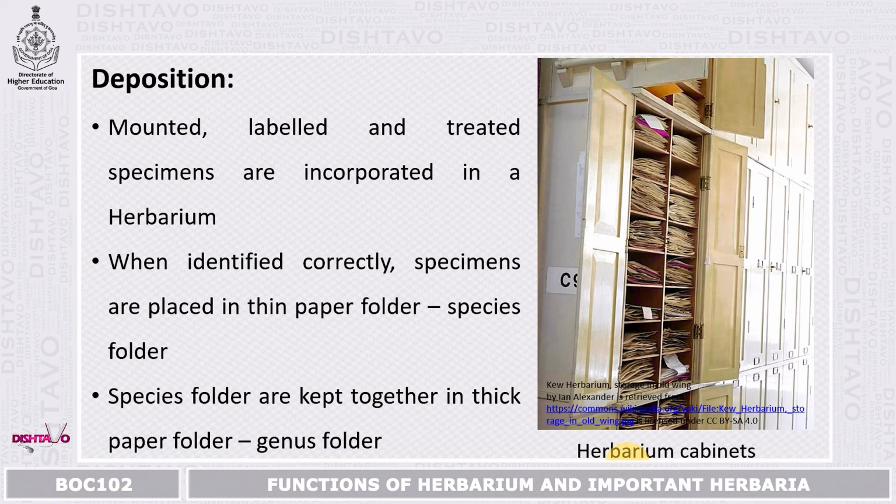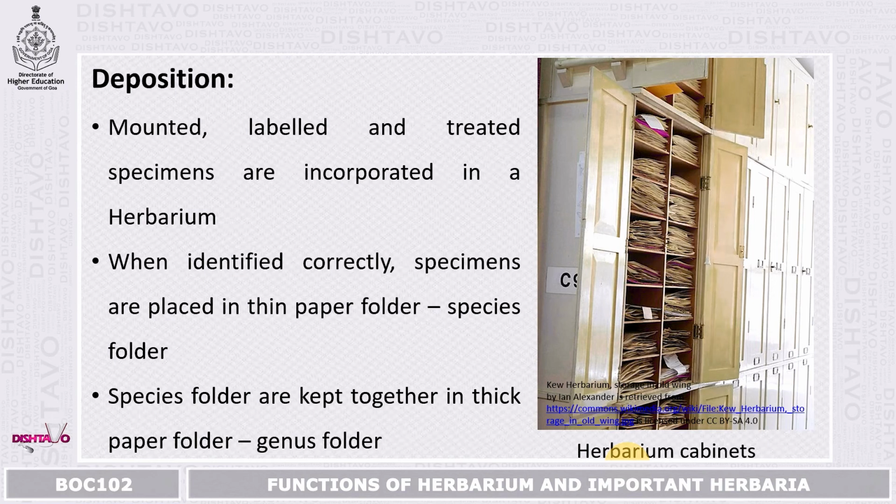Once the specimen is dried, mounted, and labeled, these are deposited into the herbarium. Mounted, labeled, and treated specimens are incorporated in a herbarium. When identified correctly, specimens are placed in thin paper folders, which are called species folders.